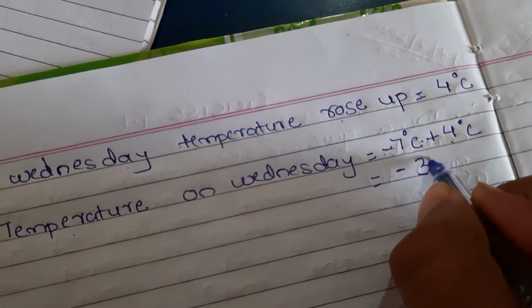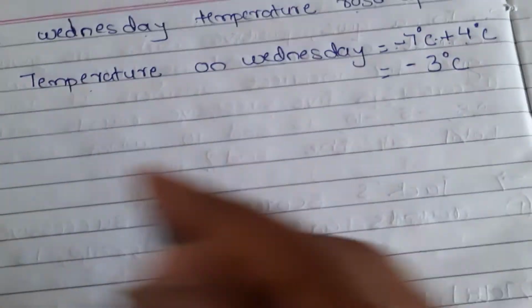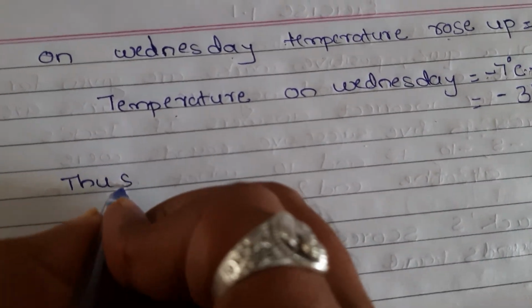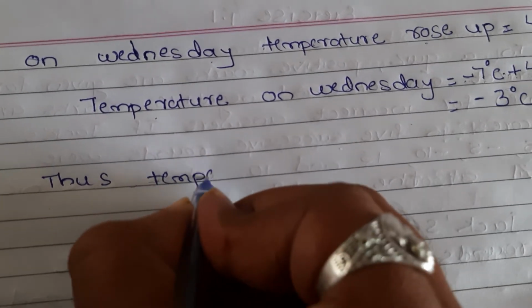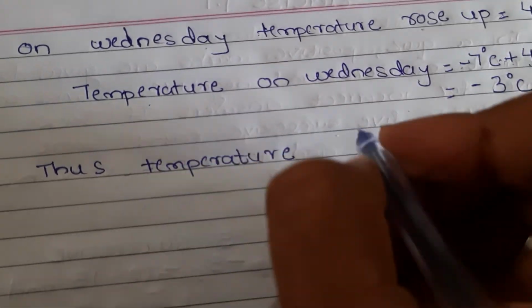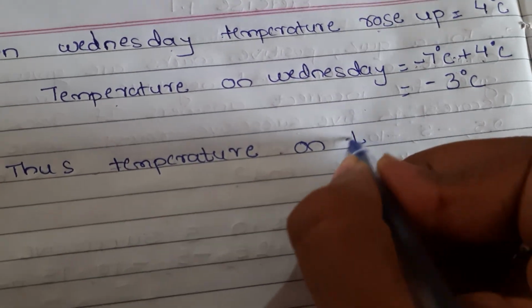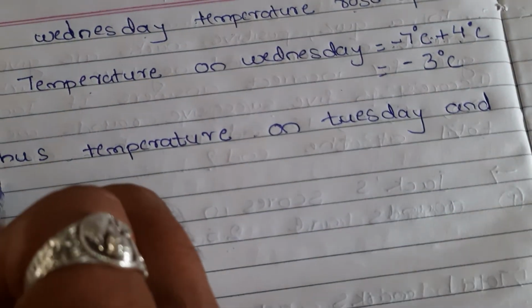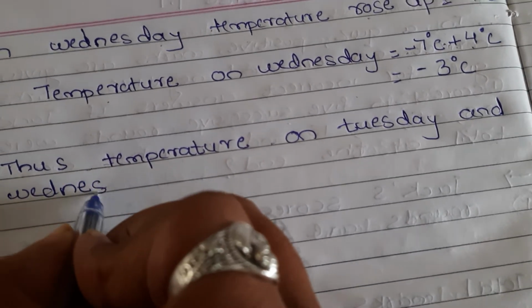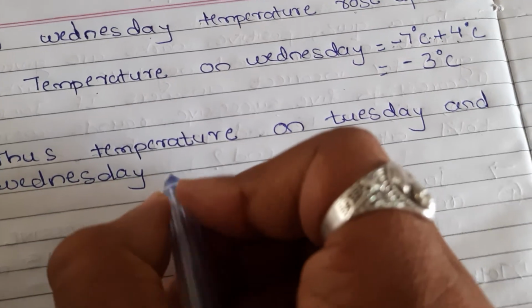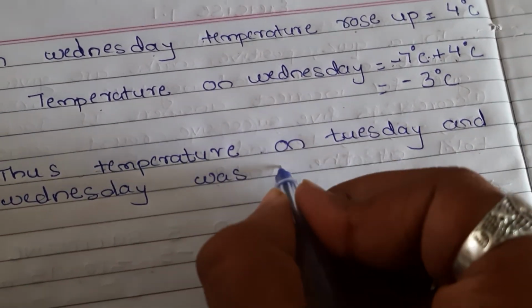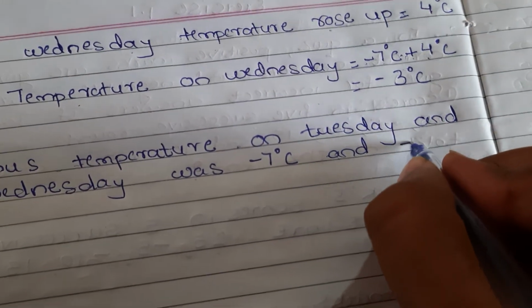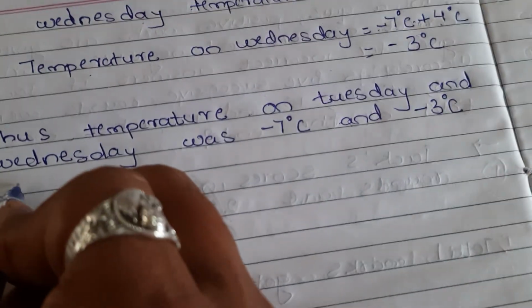So here minus 3 degrees Celsius. Thus, the temperature on Tuesday and Wednesday was: Tuesday is minus 7 degrees Celsius and Wednesday is minus 3 degrees Celsius respectively.